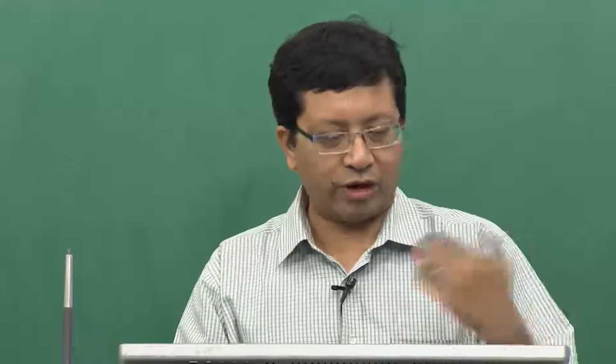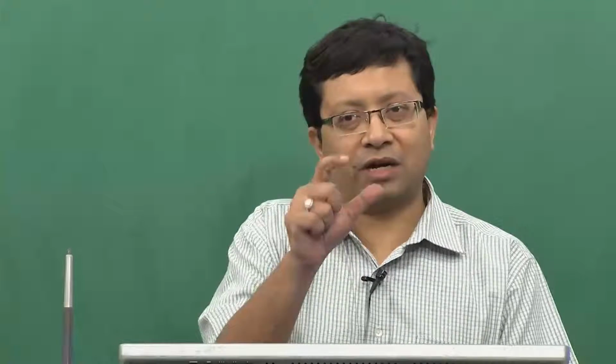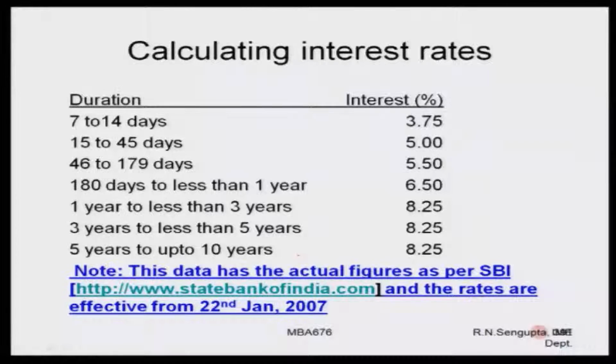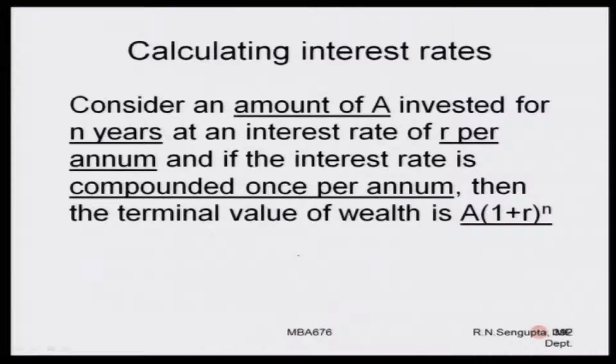So the interest rate should reflect the overall risk for that time duration when I close my position or withdraw my money. For interest rate details, you can go to the Reserve Bank site or the State Bank of India or any other bank and see how the interest rate changes with duration.